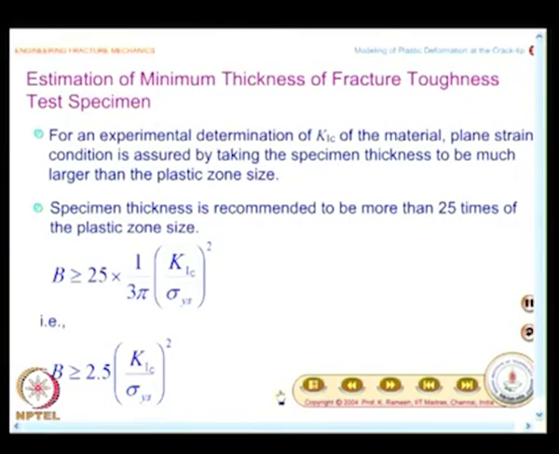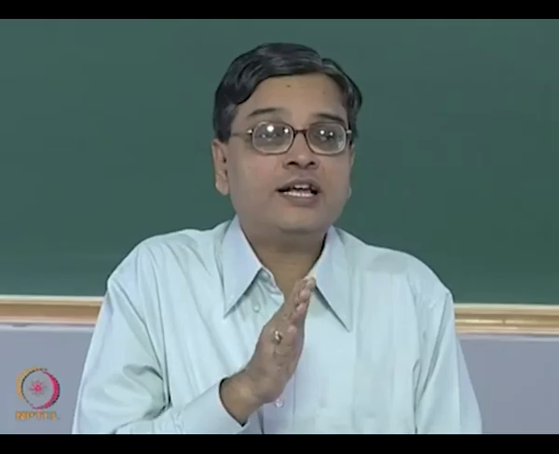In plane strain situation, Irwin has obtained the plastic zone length as 1 by 3 pi multiplied by (K1C divided by sigma ys) whole square, and based on experimental observation, people found that the specimen thickness should be at least 25 times this plastic zone size. So when you multiply 25 into 1 by 3 pi, this has been approximated as 2.5 times (K1C divided by sigma ys) whole square. So, you determine the thickness B based on the plastic zone length.